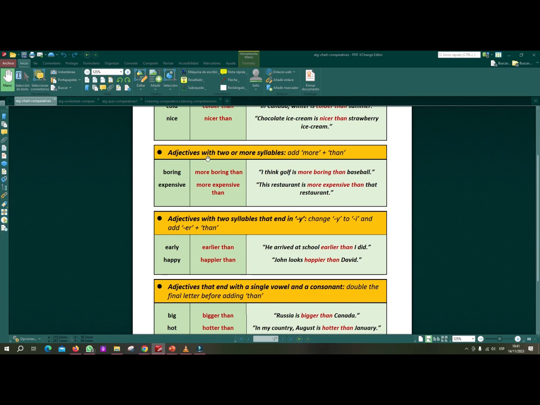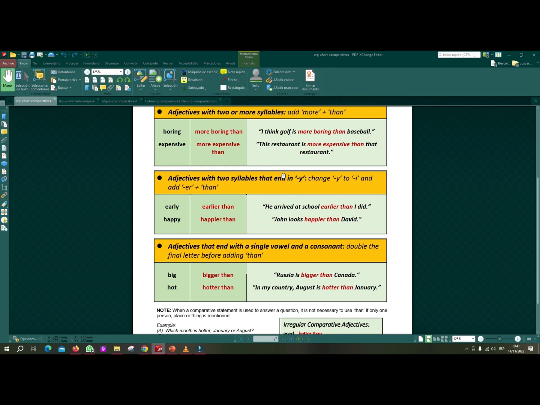La segunda regla nos indica que si el adjetivo tiene 2 o más sílabas y no termina en y, ¿verdad? Usted le agrega la palabra more más than, ¿verdad? Entonces ahí tienen igual los ejemplos.